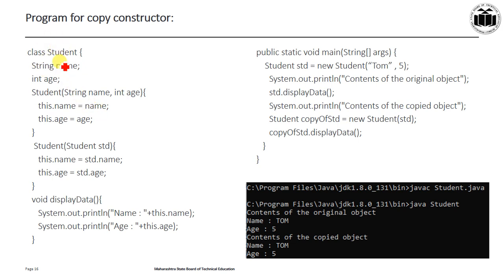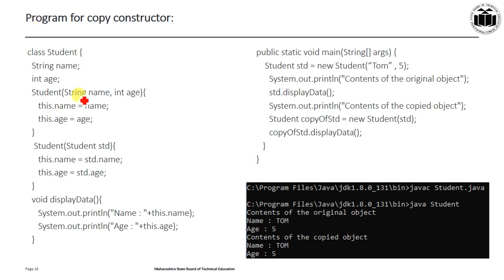We have created the class, we have created the instance variable here and we create one parameterized constructor and we pass the values of instance variable in that and we initialize the values of that to our instance variable by using this keyword. Now in copy constructor we accept an object of the current class and initialize the values of instance variable with the values in the obtained object.